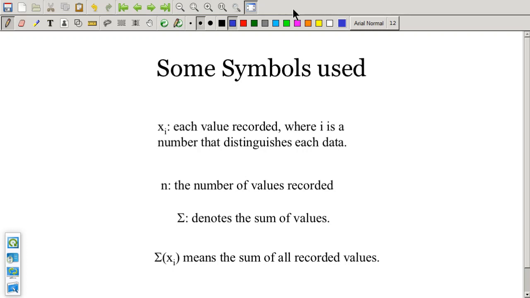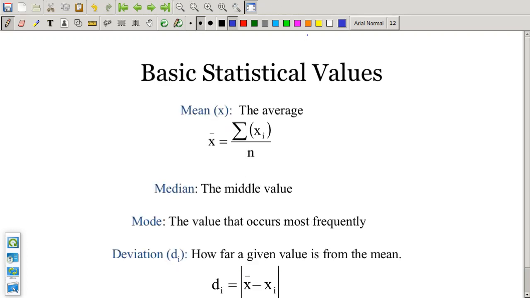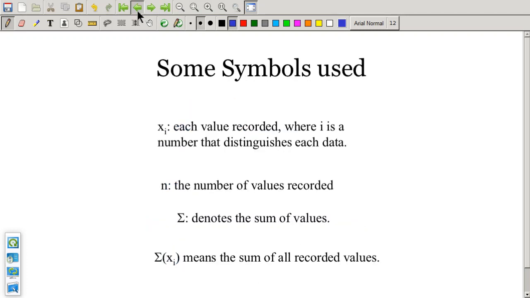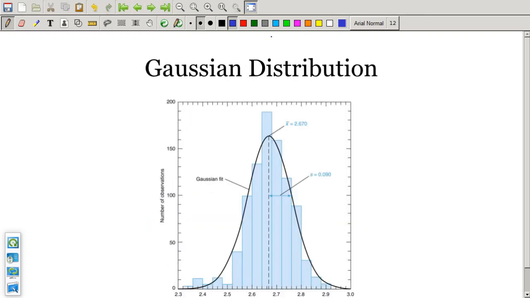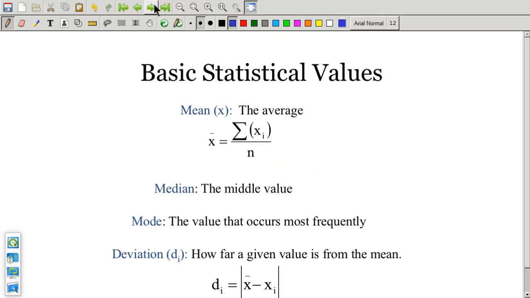So what are the statistical values that I'm going to look at? Well, the first one, of course, is the average. Take the sum of all my values, divide it by the number of values. That's going to give me the average. If you go back to your Gaussian distribution, in a perfect world, the average would represent the peak of the Gaussian curve. Now again, that assumes a lot of data is being collected. If you collect only 3 data points, you're probably not going to see a Gaussian distribution. In fact, it's totally improbable.